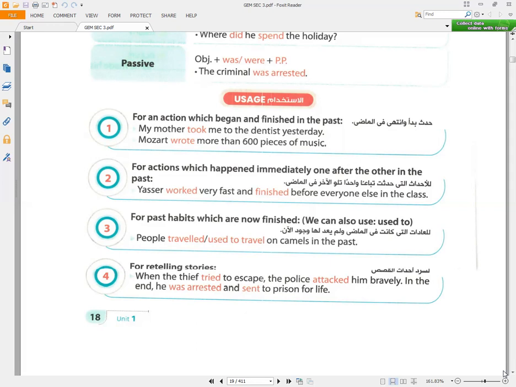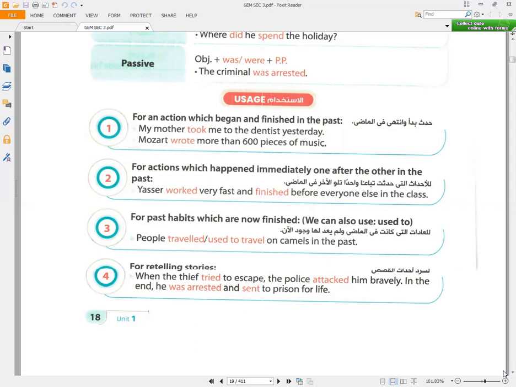Number three, when we talk about past habits. In past habits, we can use used to, of course, or you can use frequent adverbs like always, usually, often. Okay? People traveled or used to travel on camel in the past.